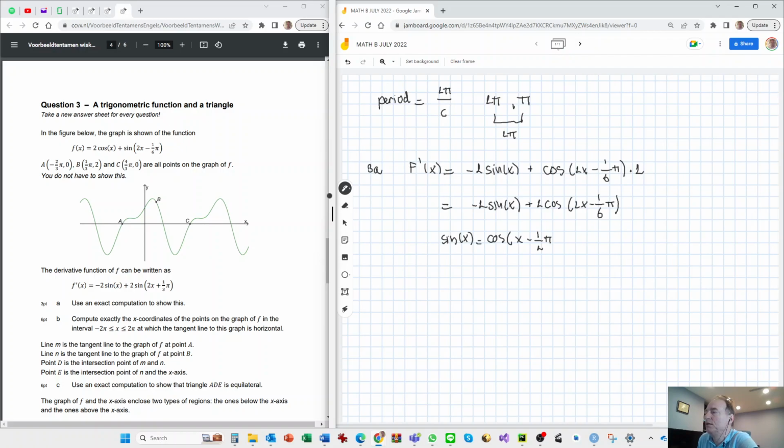So if you draw a cosine, and so the sine will be like this.